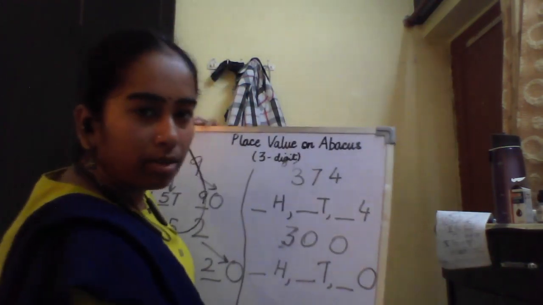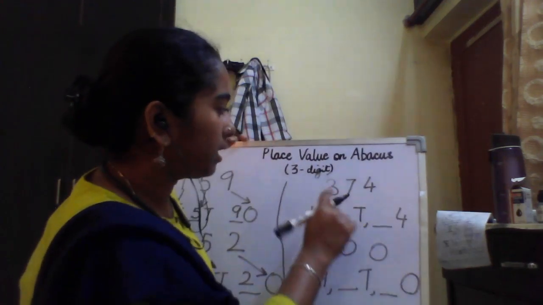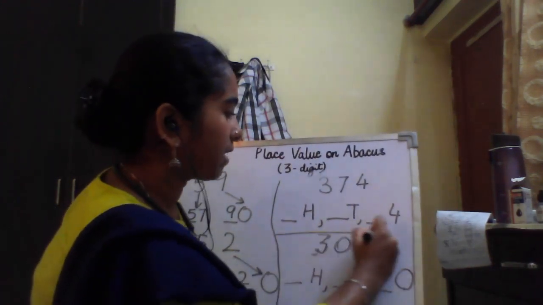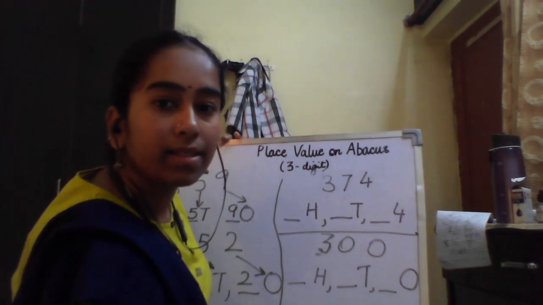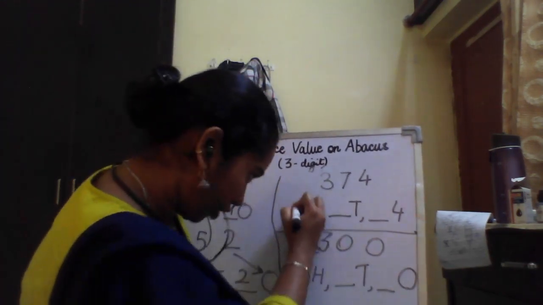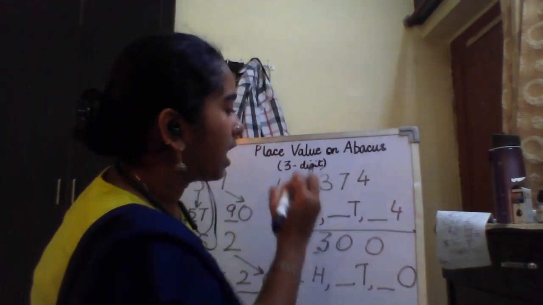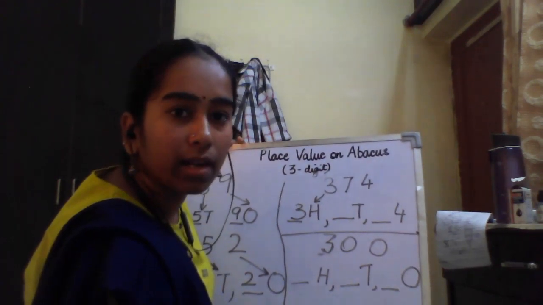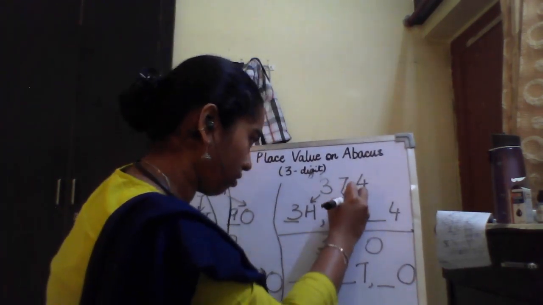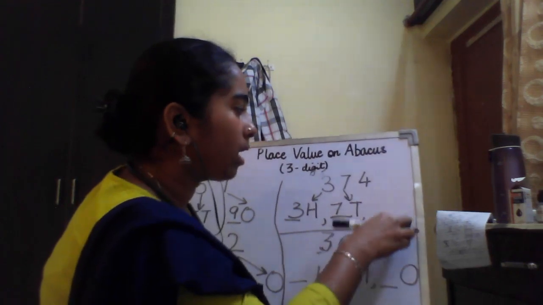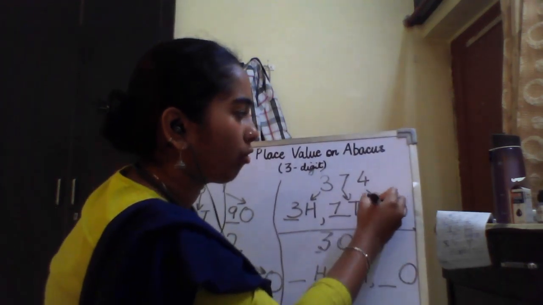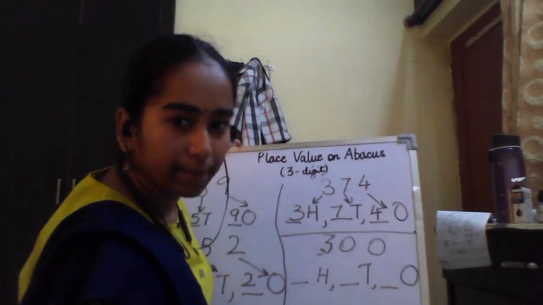Alright, so now tell me, students, in this number 374, how many hundreds are there? 3. Alright, how many tens are there? 7. Right. How many ones are there? 4. Right.